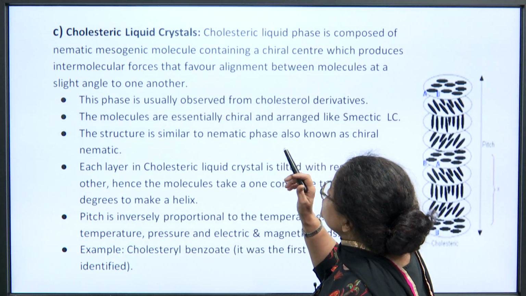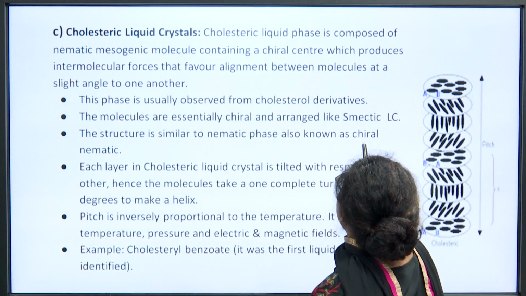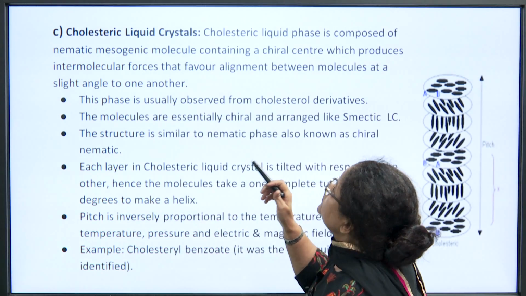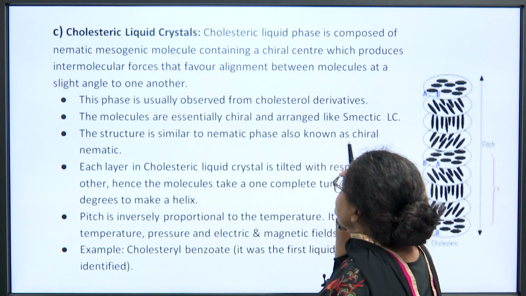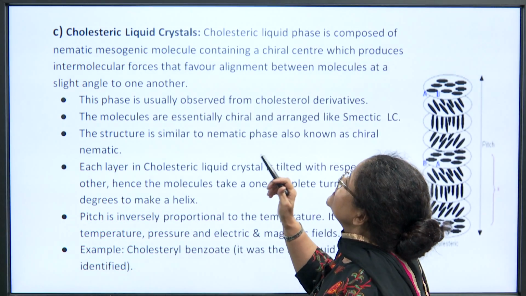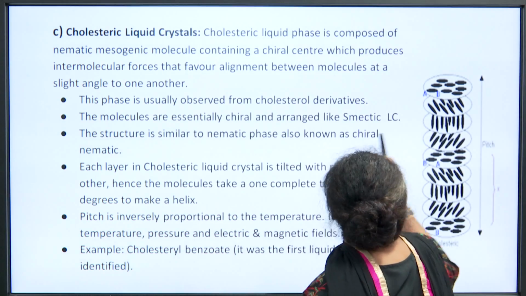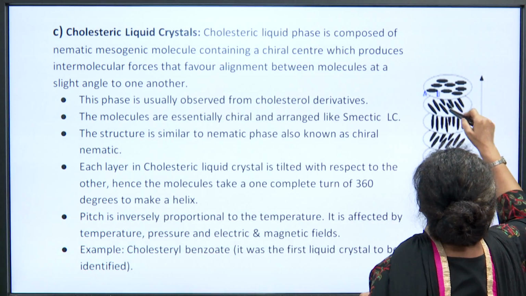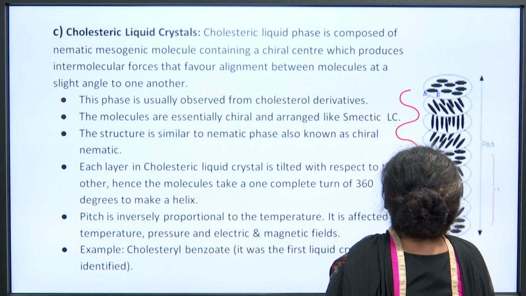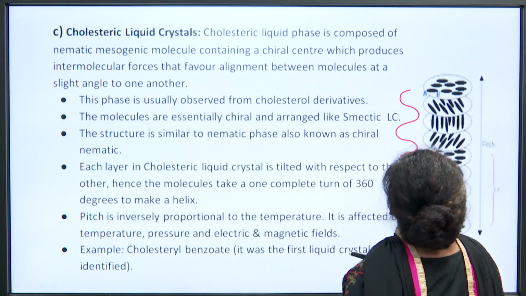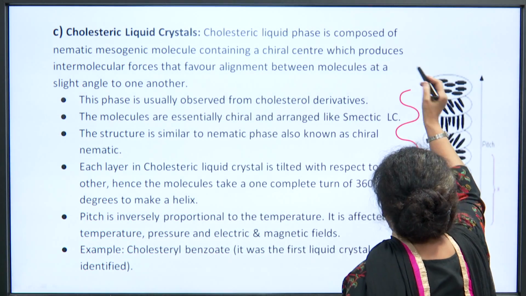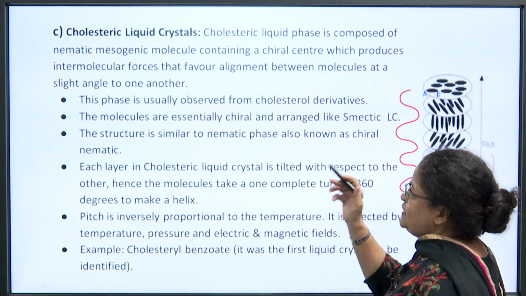Nematic mesogenic molecules containing a chiral center produce intermolecular forces that favor alignment between the molecules at a slight angle to one another. So, you can see they are moving in a spiral way from one to another like this. If we have to draw, they have those helical structures like a helix.